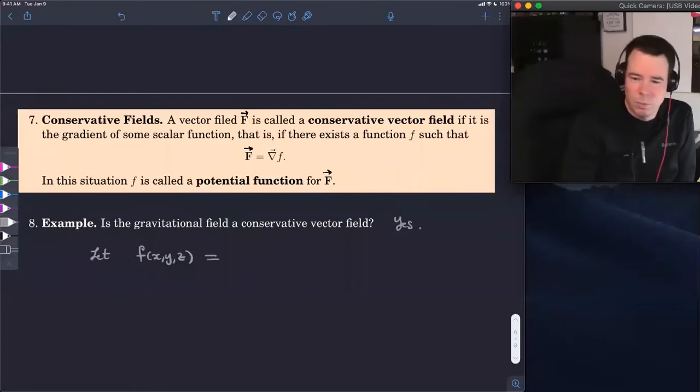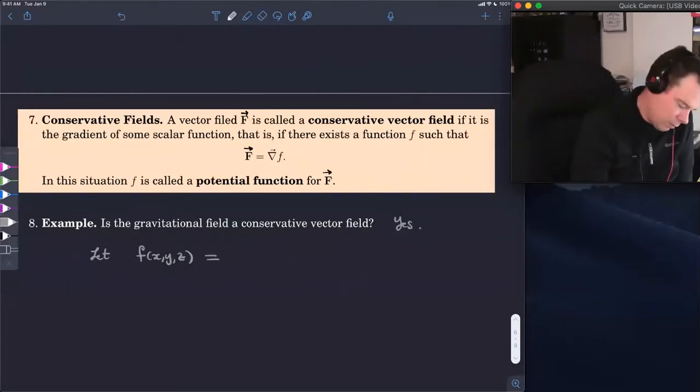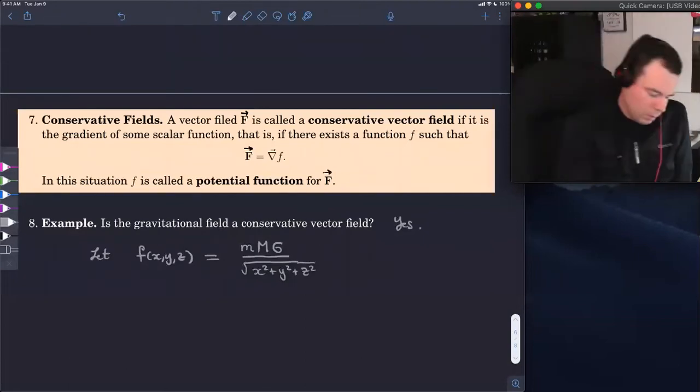So let's figure out what is our little f, our scalar function. Well, following the last example, if we just take the scalar multiple of the reciprocal of the distance the point is from the origin, or the magnitude of its position vector, if you want to think of it that way.